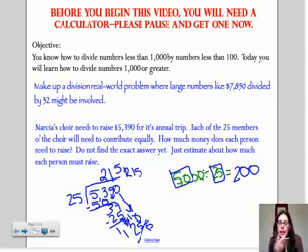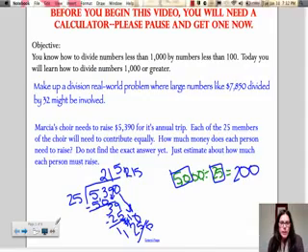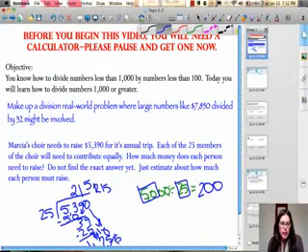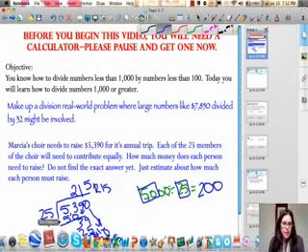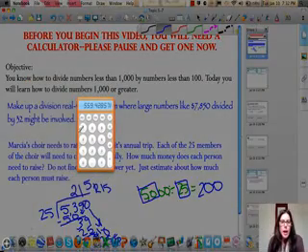So now let me show you what the calculator would say. So if I'm going to bring up my calculator over here, hopefully I can do that, yep. Okay, I'm going to clear this.